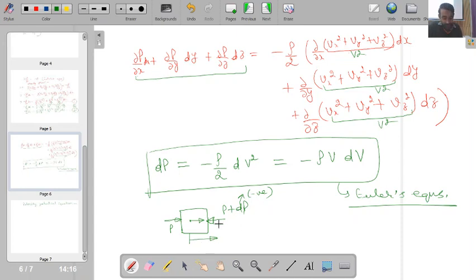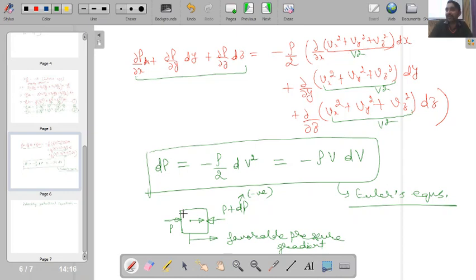So this type of situation is called a favorable pressure gradient. And if the situation is reverse, that is dP is positive, then this pressure will be more, so net force will be in the leftward direction, and if the fluid element has some initial velocity v, it will try to decelerate.